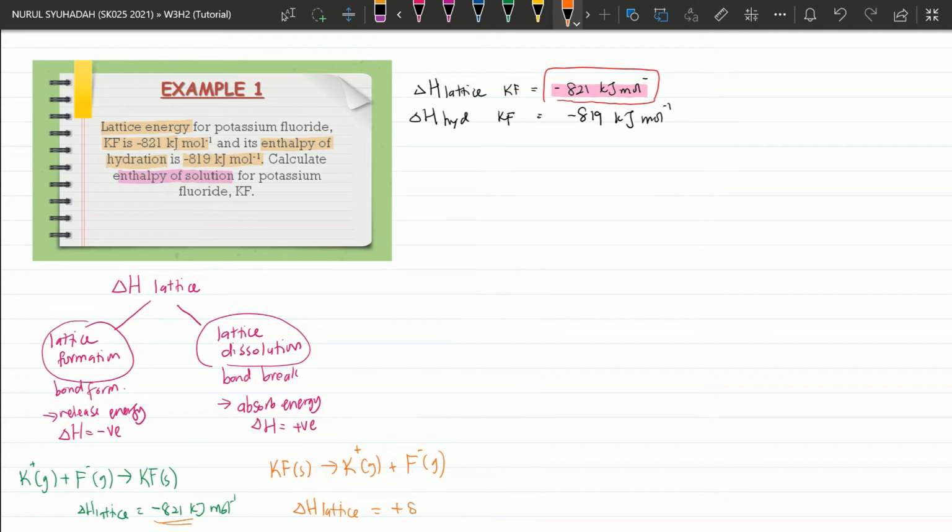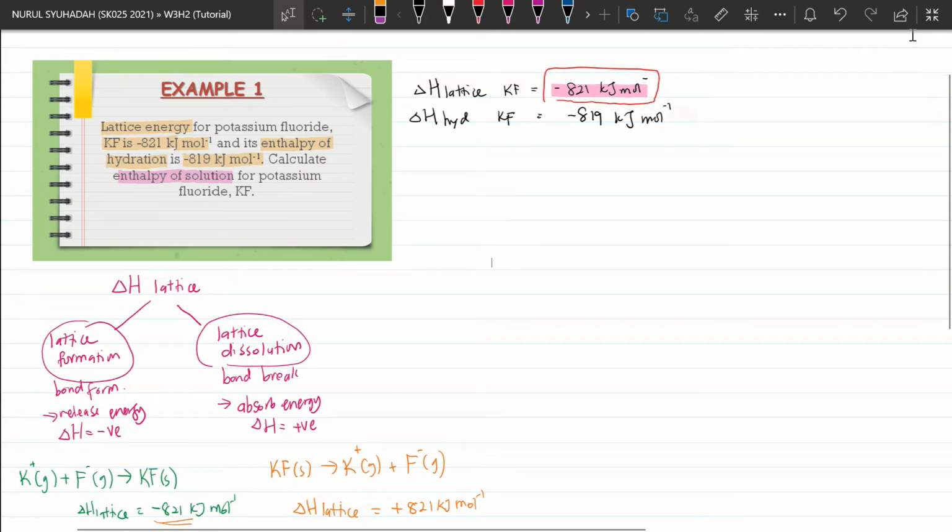Okay, it will be 821 kilojoule per mole. The only difference is just that it is positive. Why? Because we need the energy to break the bond. But for this one, it releases energy for the bond to form. Okay, so please be very careful about the lattice energy.